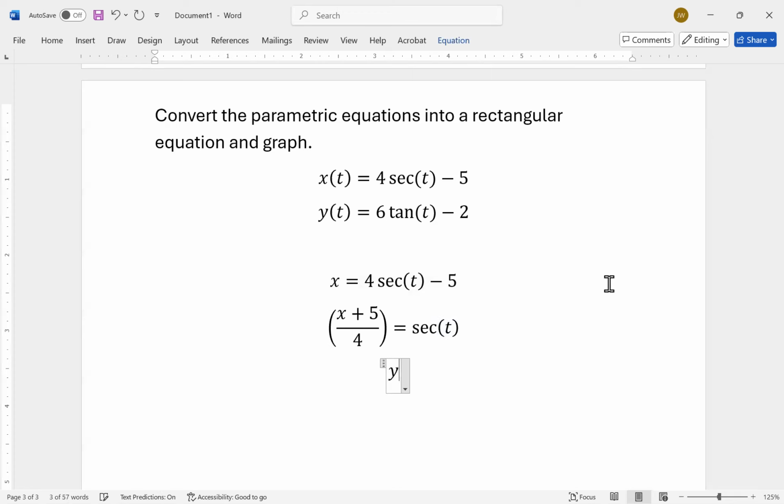In my equation, y is equal to 6 times the tangent of t minus 2. So if I add 2 to both sides and then divide by 6, we'll get y plus 2 divided by 6 is equal to tangent of t.